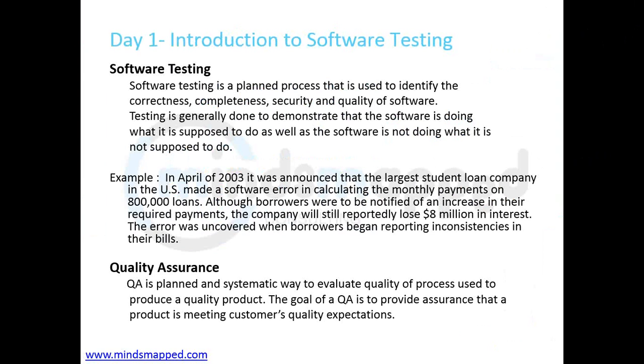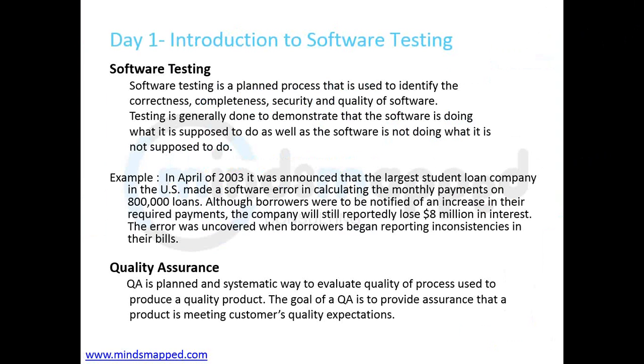Now I come to the other process we generally know in software testing, which is quality assurance. Quality assurance is the process used to identify that the standards, guidelines, procedures, and processes followed during the implementation of the software are correct and have been correctly implemented for the development of the product.